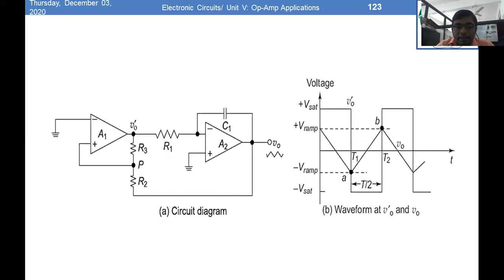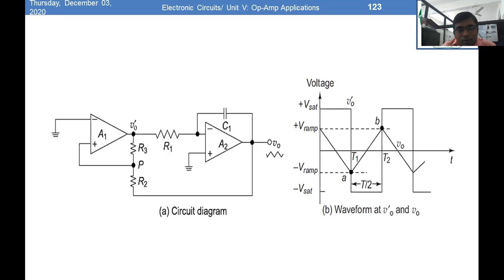Here you can see that there is a two-stage op-amp circuit, and in this circuitry there are two op-amps A1 and A2. The first stage is nothing but a comparator, and the output of this comparator is given to the input of A2, that is the integrator circuit.